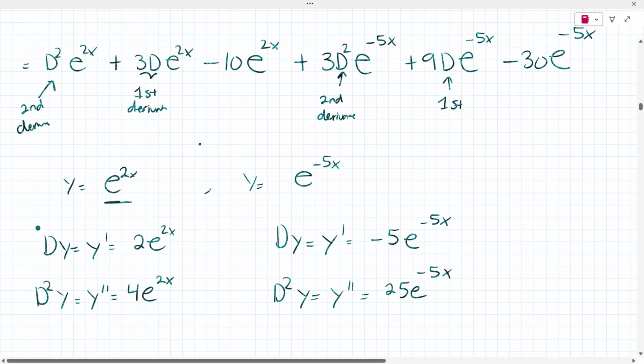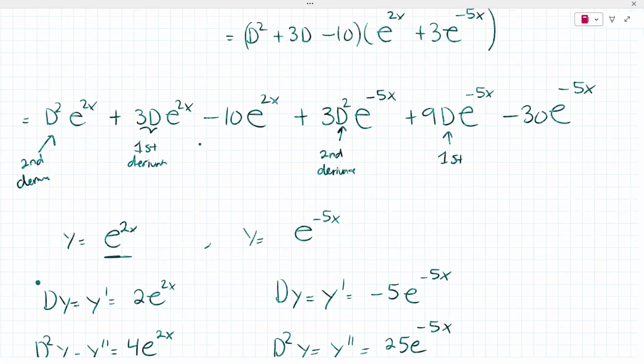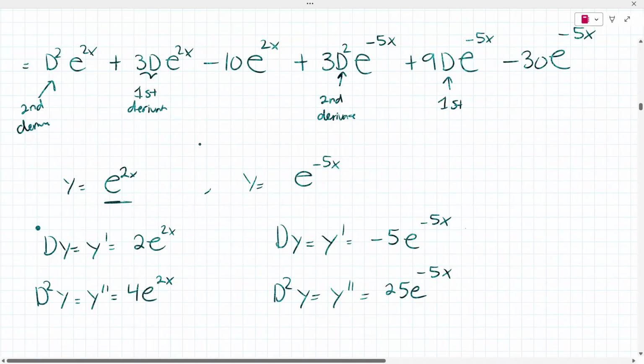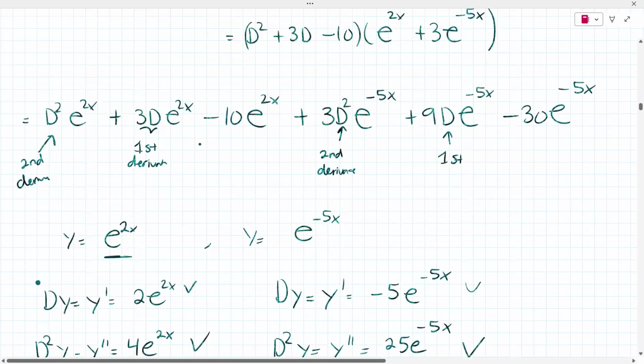And then over here, second derivative was 25e to the negative 5x. And then first derivative is right here, negative 5e to the negative 5x. So all we're doing is substituting these values into first and second derivative.